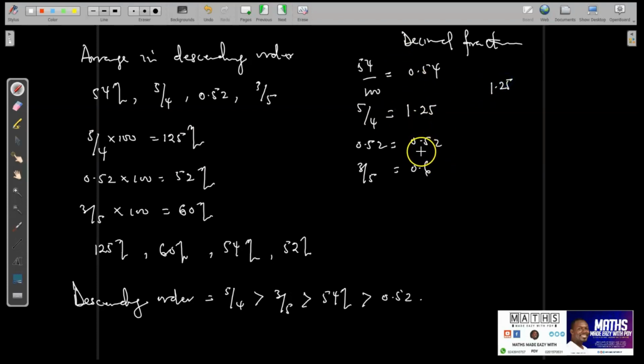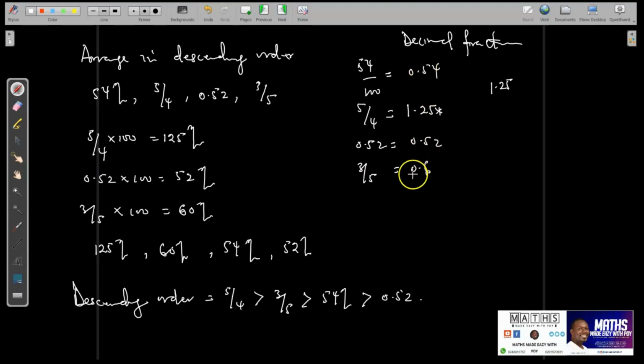Then we come to the next. Since this is out, we are no more going to use it. We are now going to compare 0.54, 0.52, and 0.6. 0.54 and 0.52, the fives are the same, so it means you cannot use that.